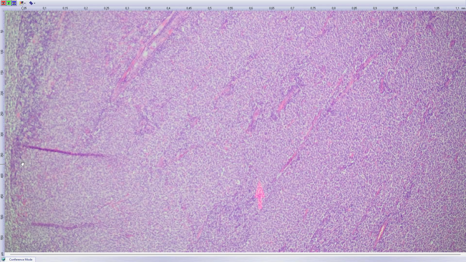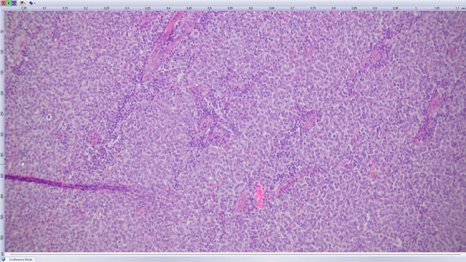When we look a little bit more closely, in some areas you can see large cells.